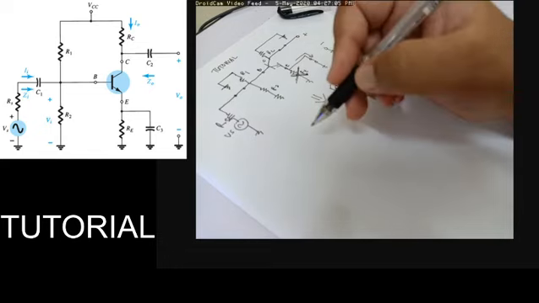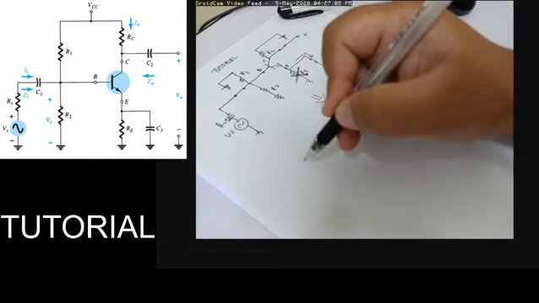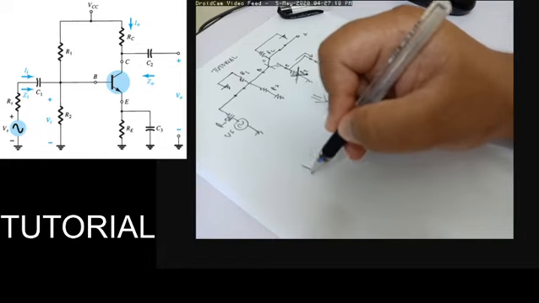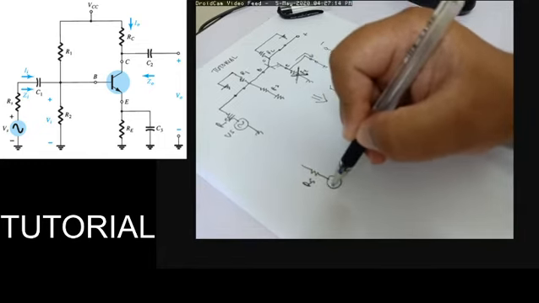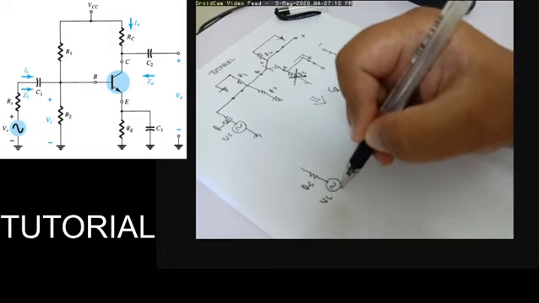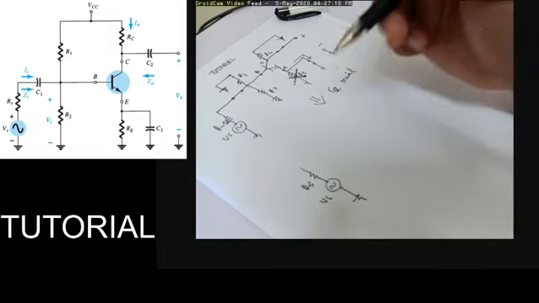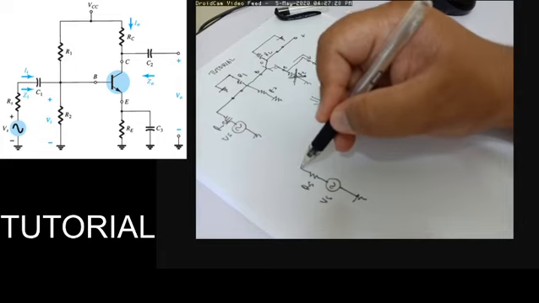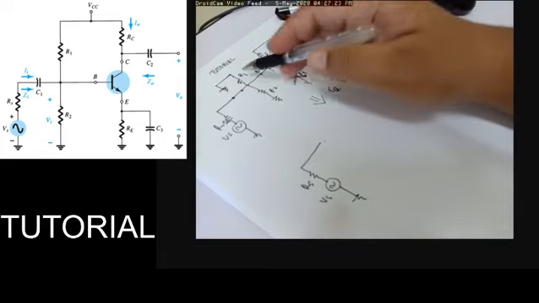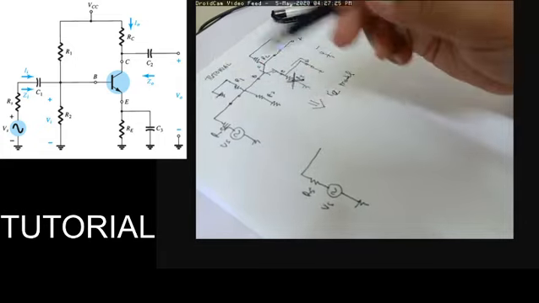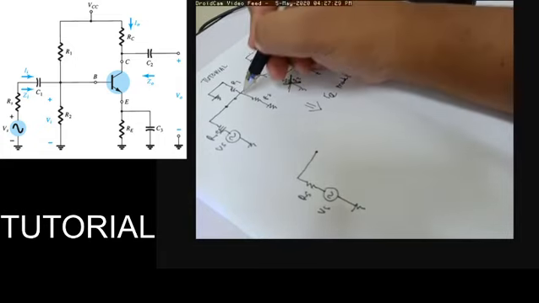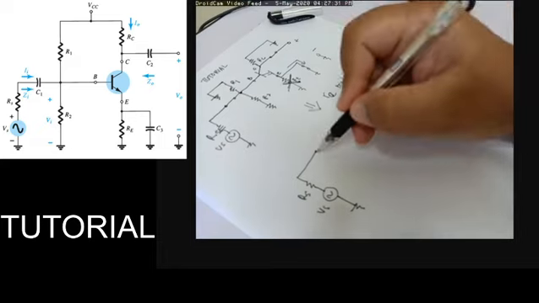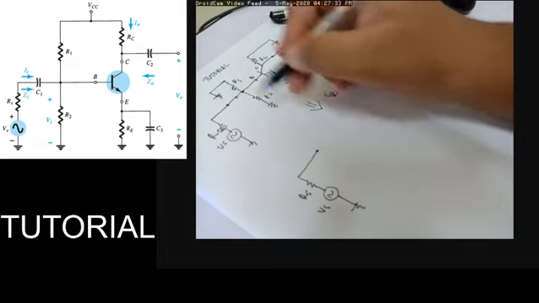Alright, so now what's going to happen is we have RE, RS here, and VS here. As you can see, R1 is connected to the ground, so starting here, this point is the same thing.